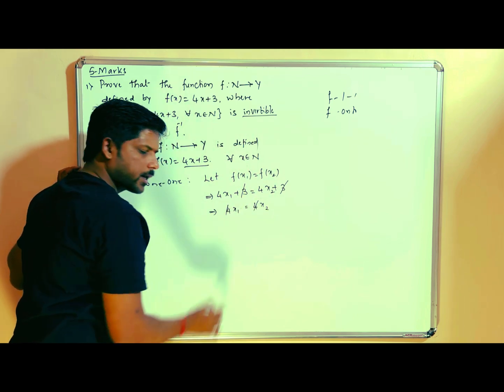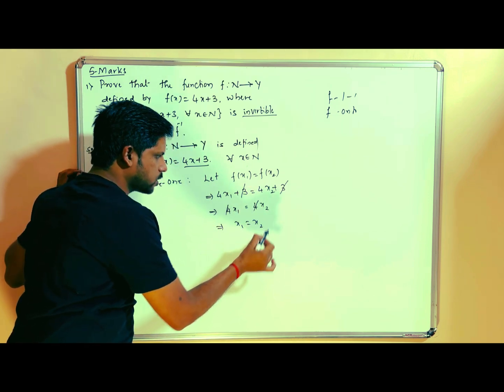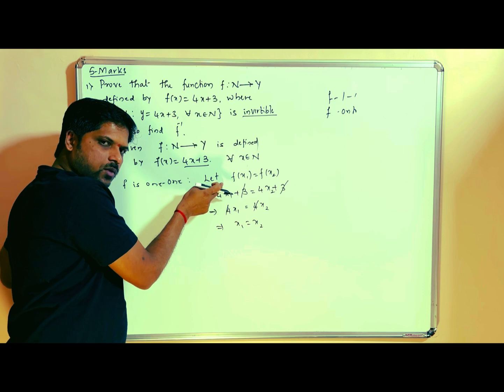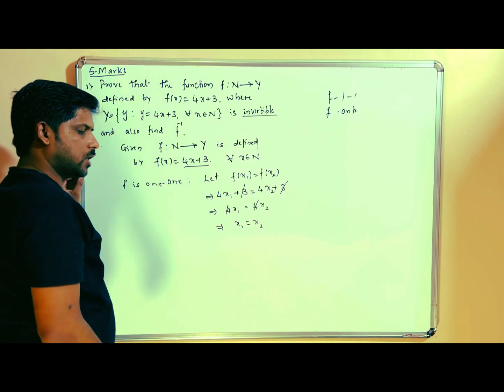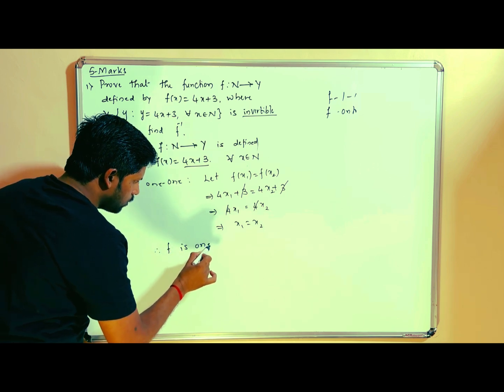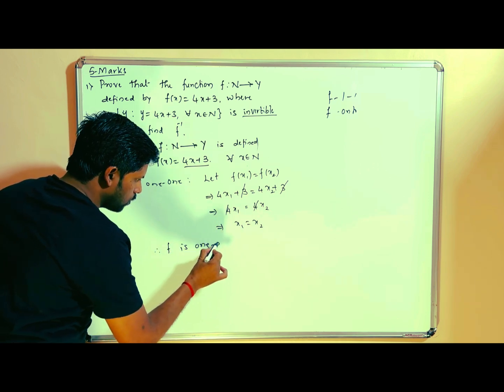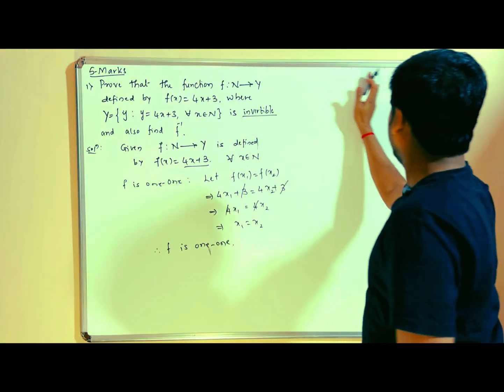Again 4 gets cancelled. So now we remain with x1 equal to x2, right? If f of x1 equal to f of x2, then x1 is equal to x2. Then we say that f is 1-1.